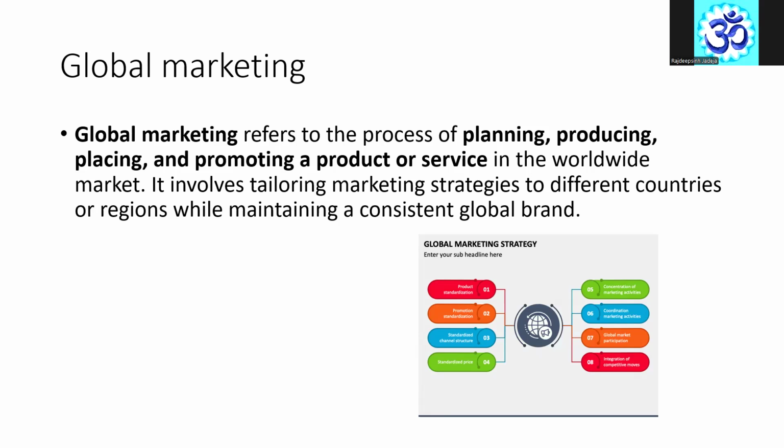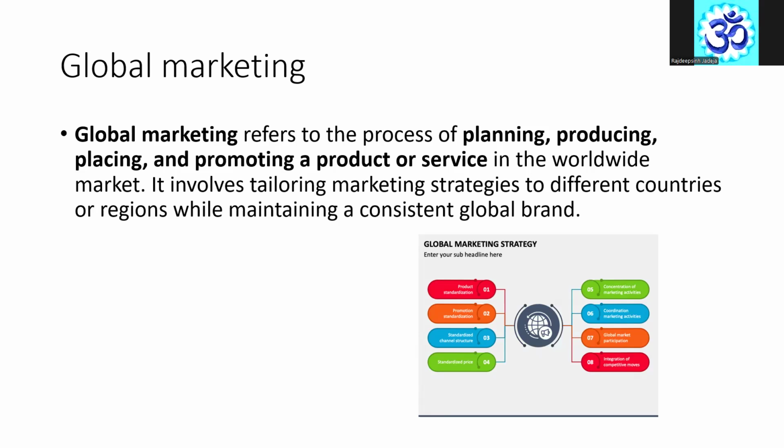Here in this image, you can see the global marketing strategy. First is product standardization. That means our product should be standardized according to global standards. The second one is promotion standardization. We have to promote our product globally. Then we have a standardized channel structure that we have to maintain.